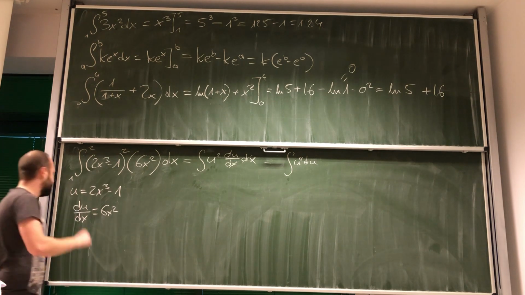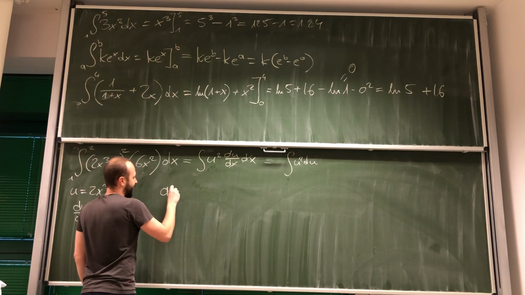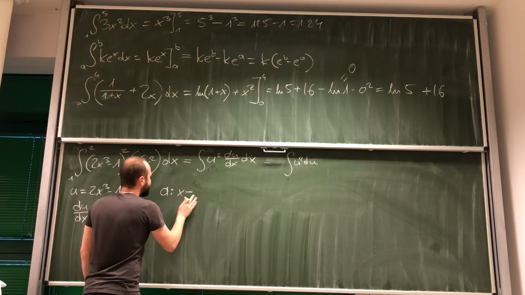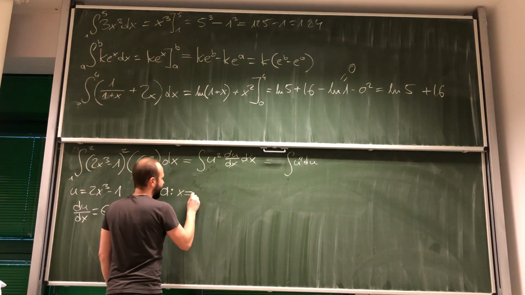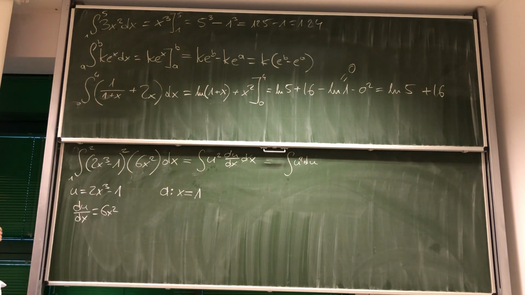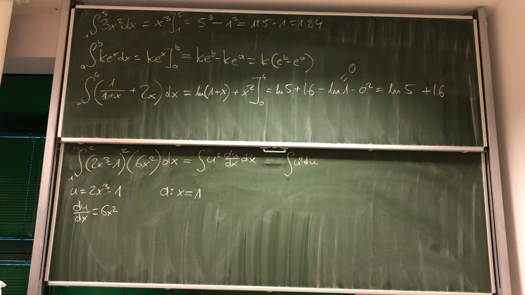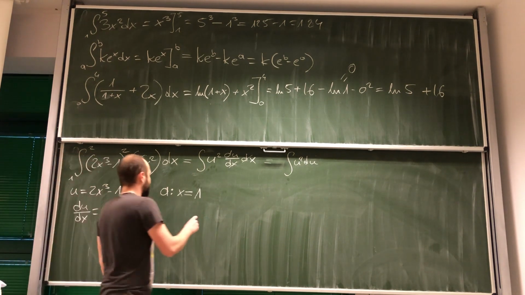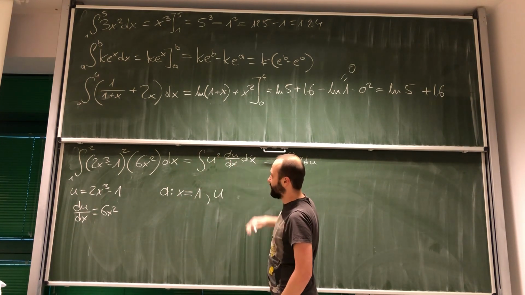So how do we do it? Look, first, the limit of integration a. When we were talking about variable x, the limit of integration a was 1. But now look, if we are going from x to u, it means that now u is the function we are taking care of.